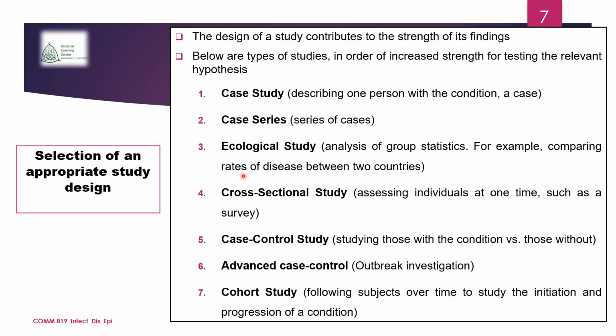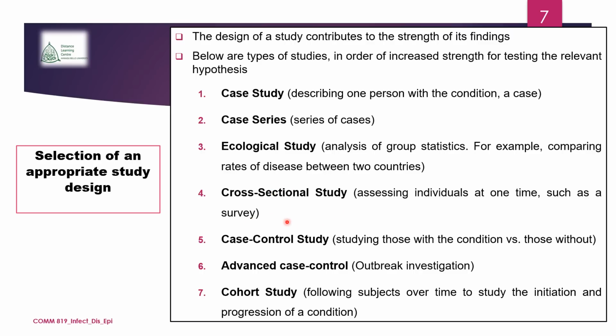For example, comparing rates of disease between two countries, 2 or 3 countries. There is an ecologic study. Then cross-sectional study. This is usually a one-time study where you just go out to the field and collect the data without any follow-up. That is assessing individual at one time, such as survey.